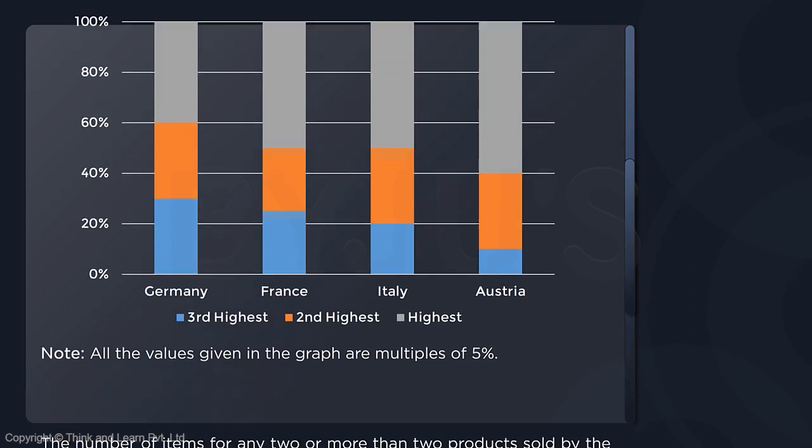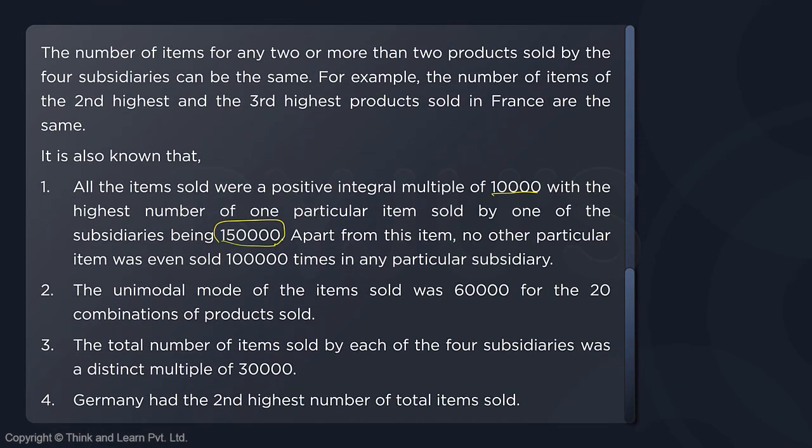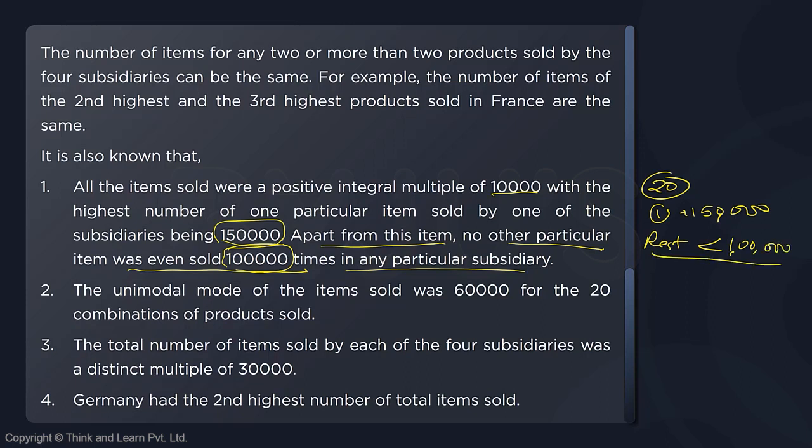So out of 20, only one is 1,50,000. Apart from this item, no other particular item was sold even 1 lakh times in any particular subsidiary. So basically, out of the 20 products, one is being sold at 1,50,000 and the rest are less than 1 lakh. It cannot go beyond 1 lakh.